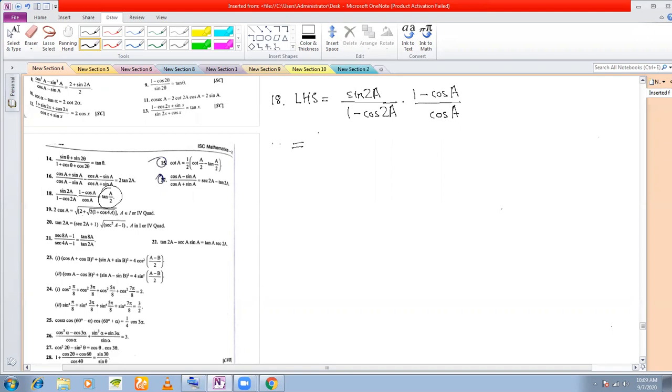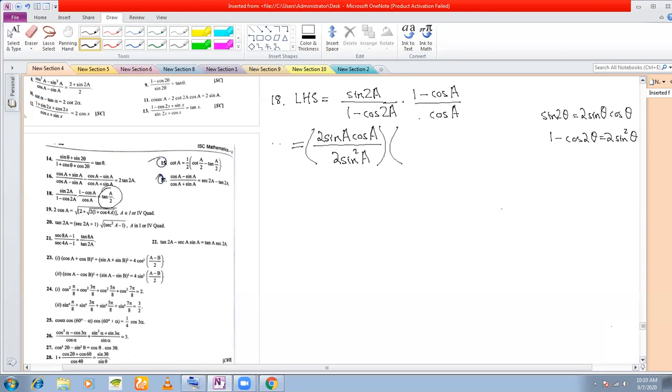So sine 2a can be written as 2 sine a cos a, and 1 minus cos 2a can be written as 2 sine square a, because again recall sine 2 theta is 2 sine theta cos theta, and 1 minus cos 2 theta was 2 sine square theta. We are using these two multiple angle formulas. Okay, so this is one part.